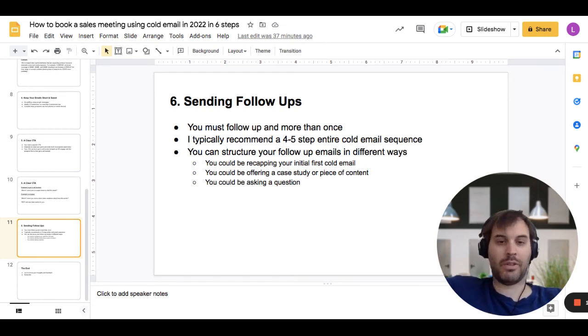You definitely want to have a multi-step sequence, and really try to think of the different ways you can follow up that add value and move a cold prospect through those buying stages of awareness, to the point where they're actually interested to know more about what you do, or at least jump on a call for a quick chat. So that's pretty much it.